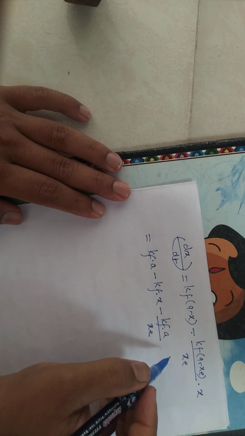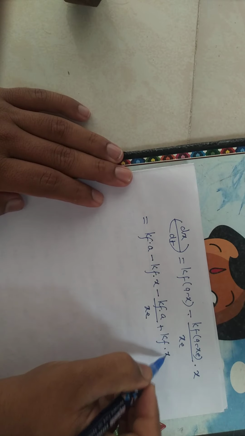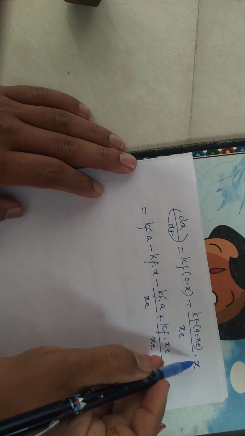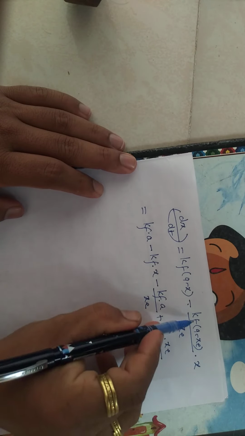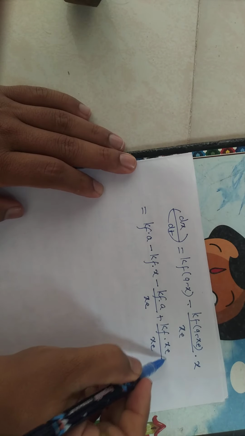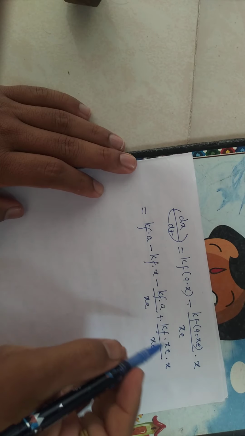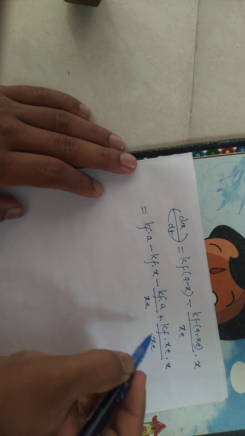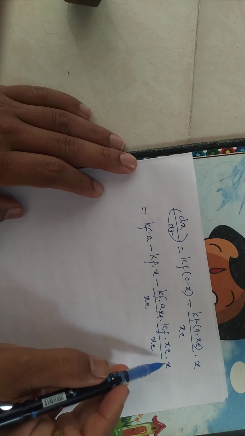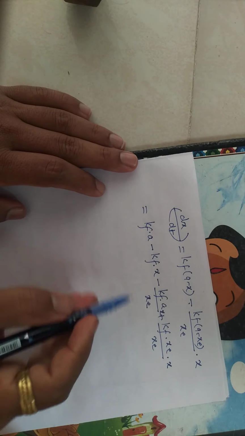This minus minus plus, it is kf into xe upon xe, and now this x is in multiplication to both factors, the whole bracket. So this is for 1, that is a minus xe, and this is for kf into a. So I will write here x. Now it is kf into xe into x upon xe, and here kf into a into x upon xe. So these are the two factors.